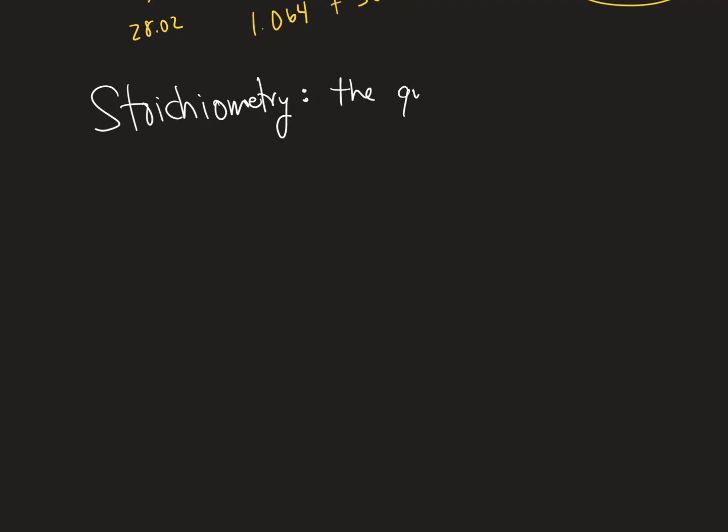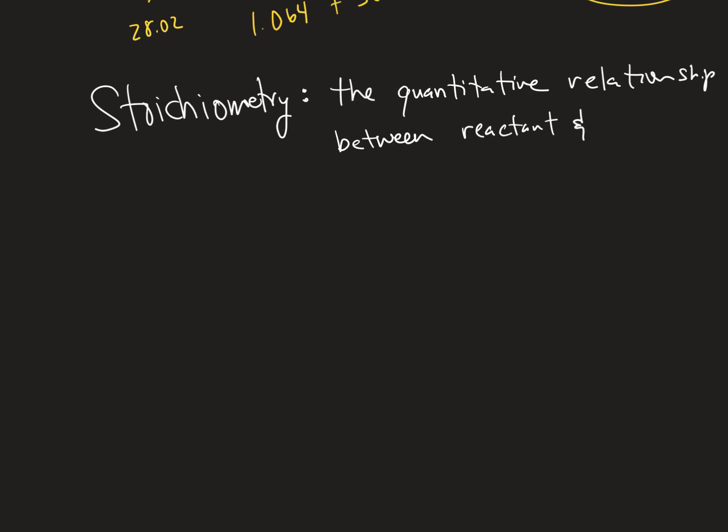The quantitative relationship, stoichiometry, between reactants and products in a chemical reaction. You guys remember where the reactants are? On the left side of the reaction. Products are on the right side.